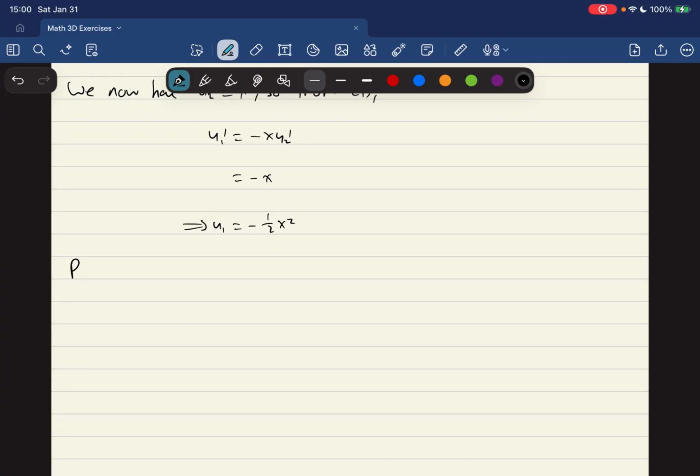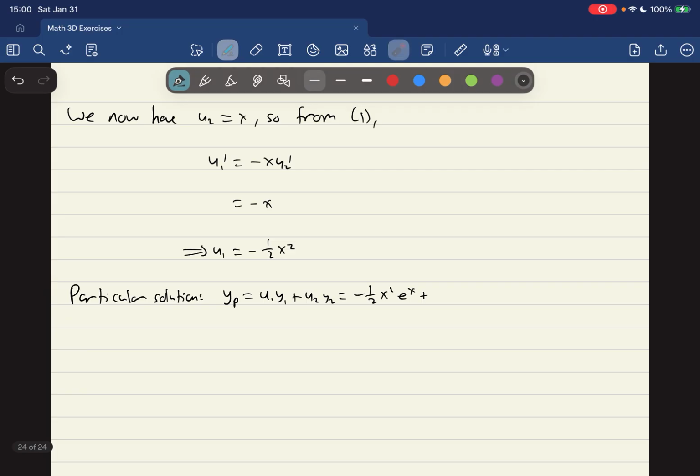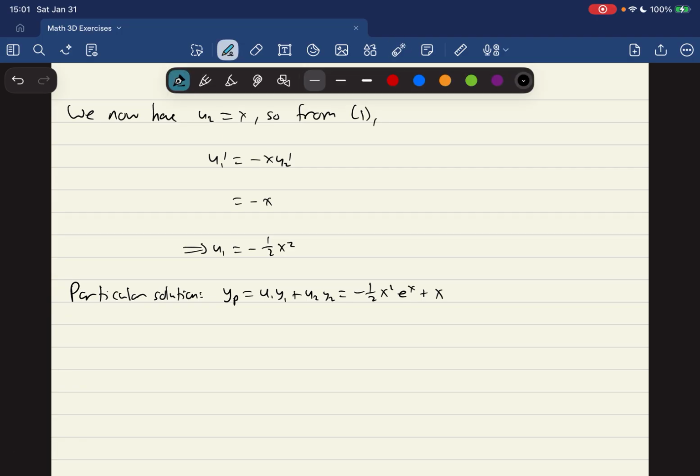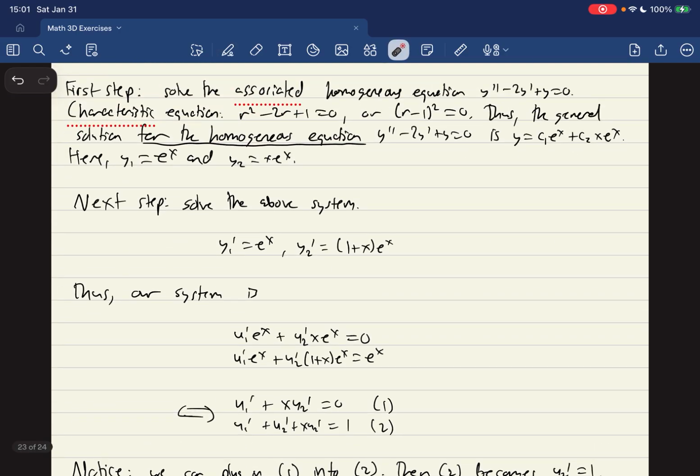And thus, my particular solution y sub p equals, again, u1 y1 plus u2 y2. Plugging in, we get negative 1/2 x squared times y1, which is e to the x, and then u2, if you'll remember, was x, so we get plus x times y2, which, as a reminder, was x e to the x.